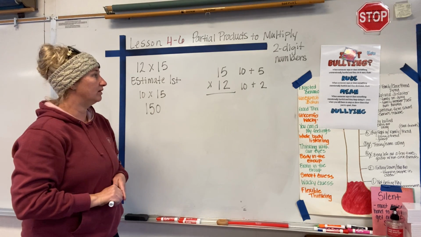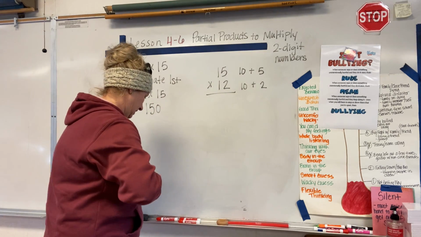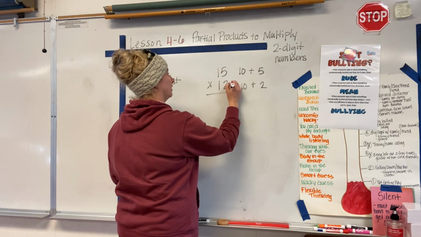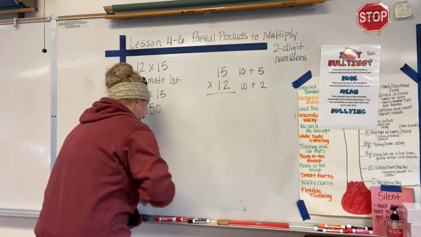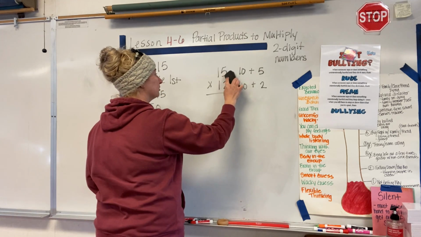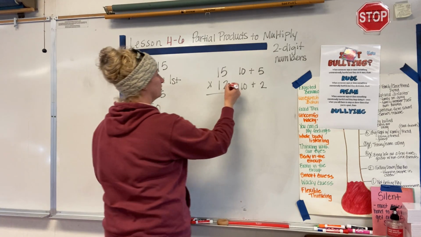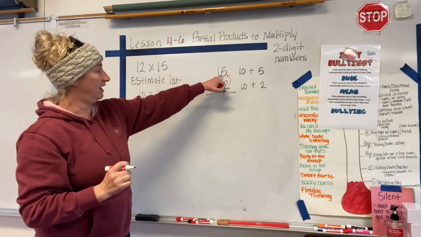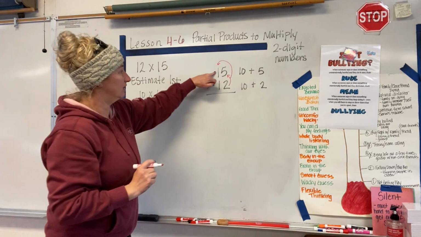Okay, so what you're going to do is take the 2 and multiply it by the 5 in the ones place and the 1 in the tens place.